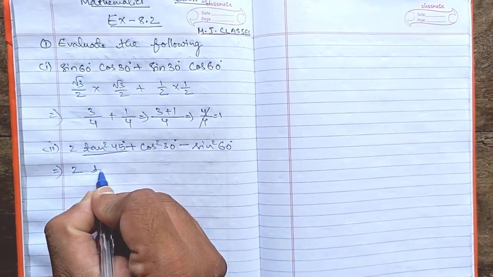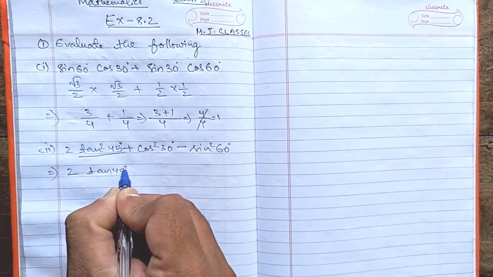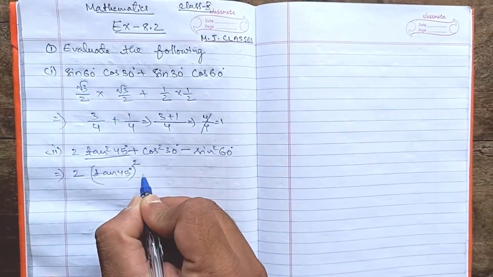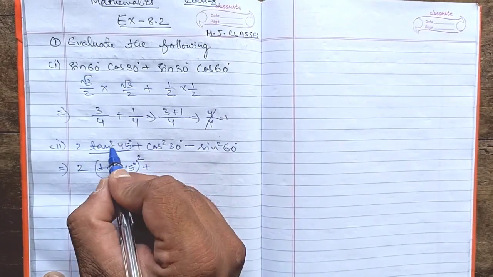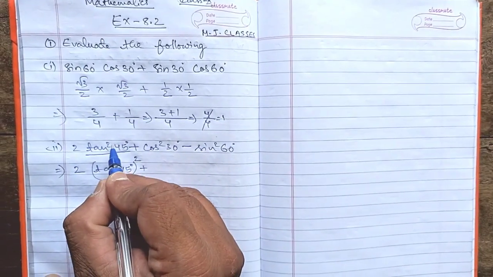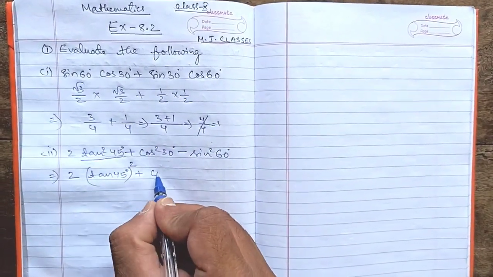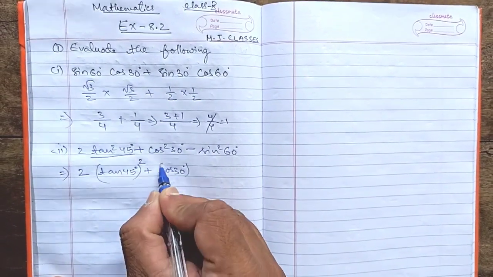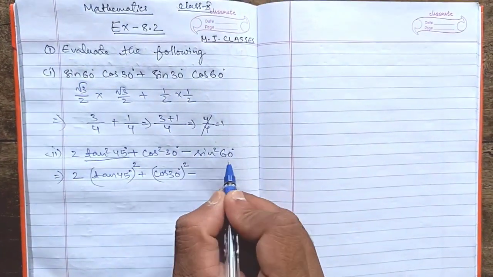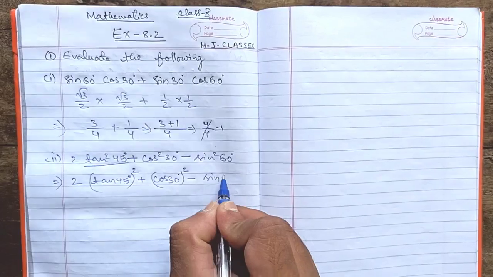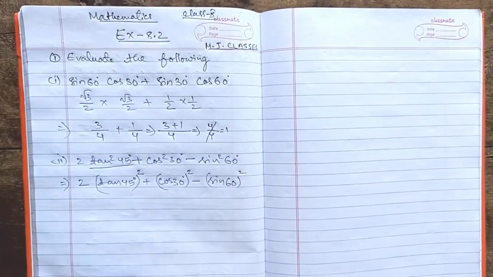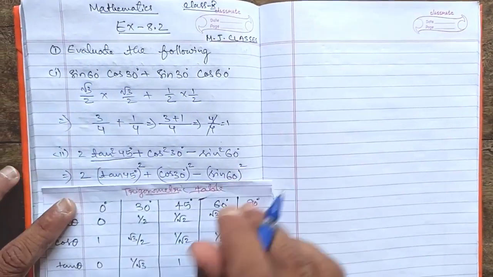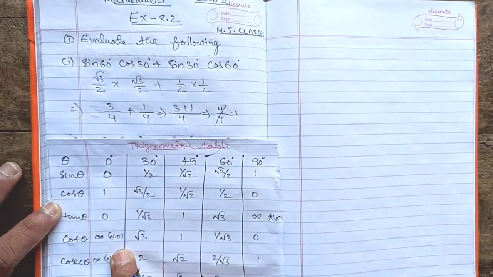Tan square 45 degree can be written as tan 45 degree whole square. Don't get confused, this square means the total is having the square. Cos square 30 degree means cos 30 whole square, minus sin square 60 means sin 60 whole square. Again you just see the table and put the proper values.